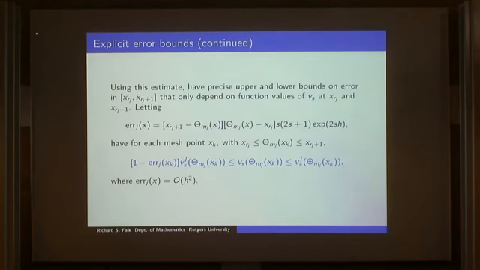Now I claim that I have precise upper and lower bounds on the error that only depend on the function values of the eigenfunction at the mesh points. So I define this thing I call the error. It's all explicit. For every mesh point xk that lies in that interval, I know that the true eigenfunction at that point is bounded by the interpolant at that point, and the lower bound is the interpolant with some small error.